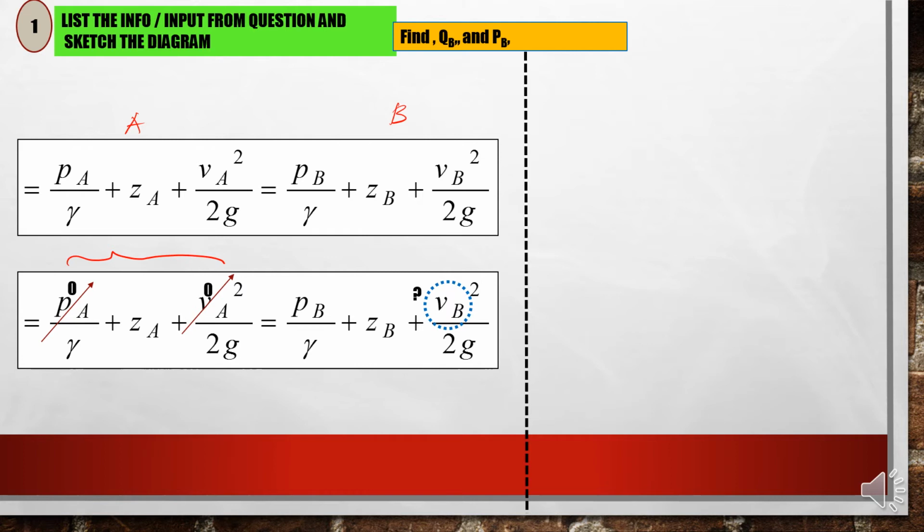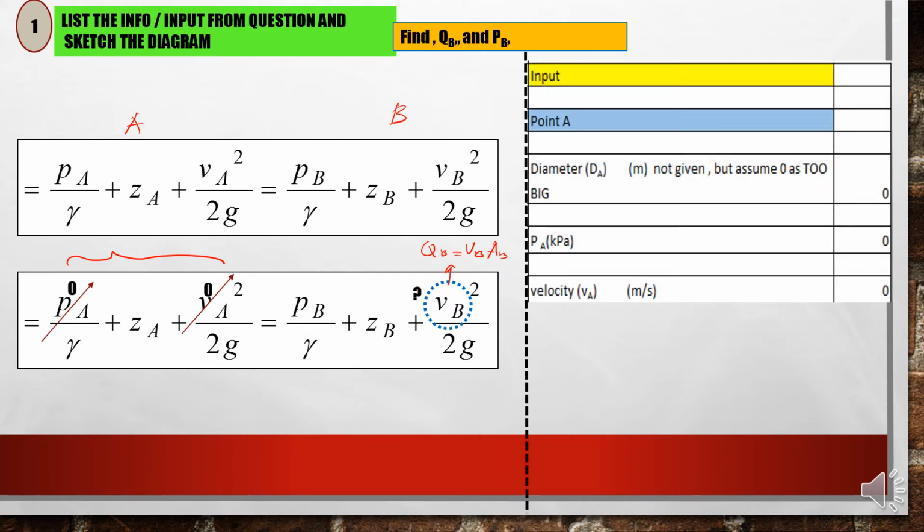However, for PB, we cannot cancel it because PB is not exposed to atmosphere. But at the end, our target is to get the VB first, because from VB we can get the QB, which is QB equals VB times AB.